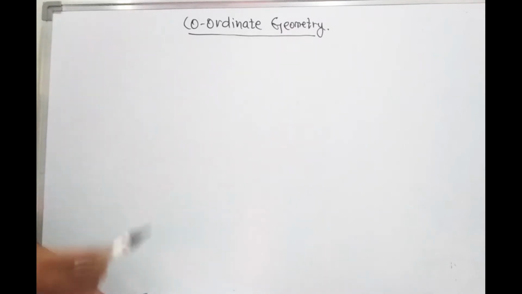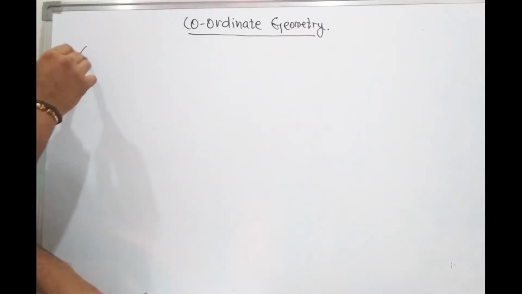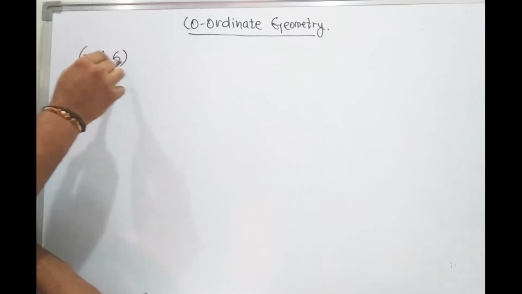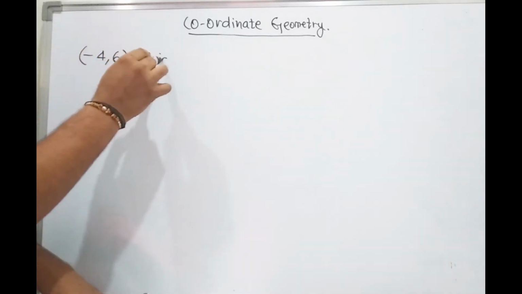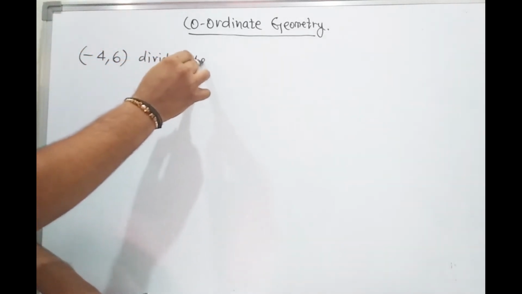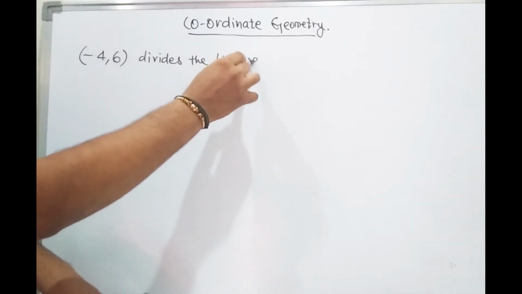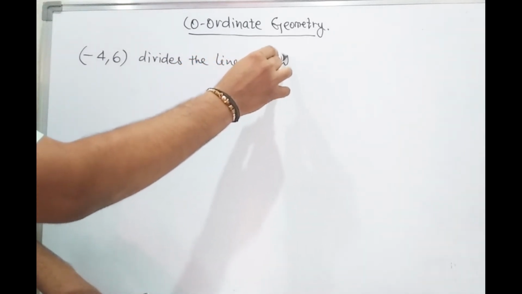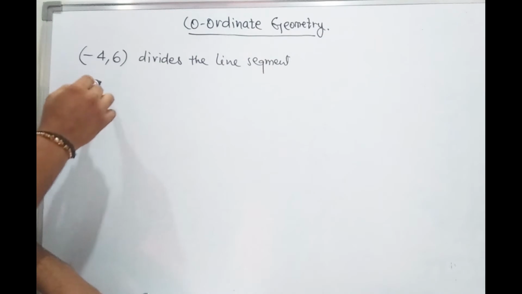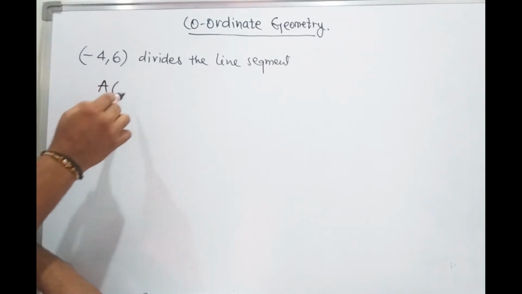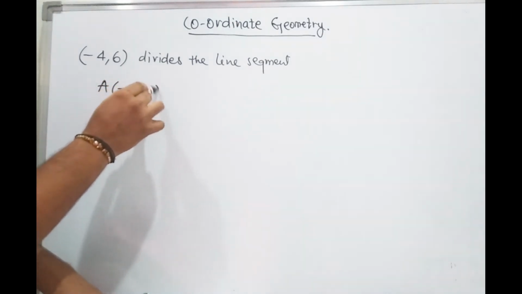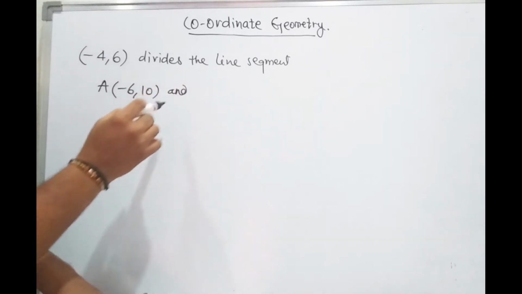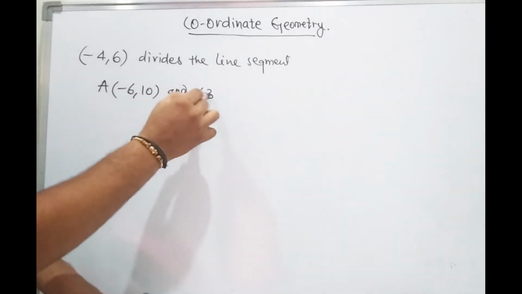Now here the example is there. This point -4, 6 divides the line segment joining the points A -6, 10 and B 3, -8.